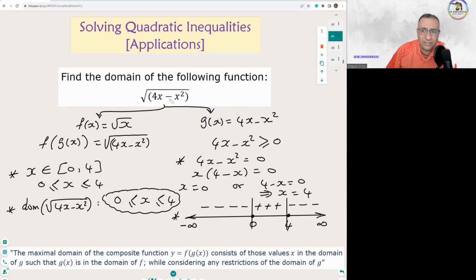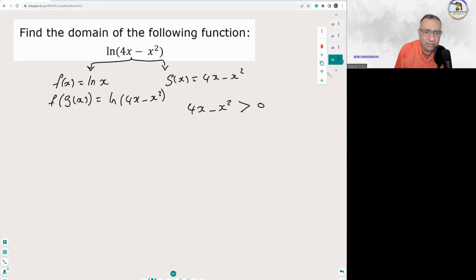It was exactly the same inequality as before. We solved it there, but instead of bigger than or equal, we have now bigger than, which means the solution set is between 0 and 4, excluding 0 and 4. So I know the answer already: the domain is x belongs to the open interval, because 0 and 4 are excluded.